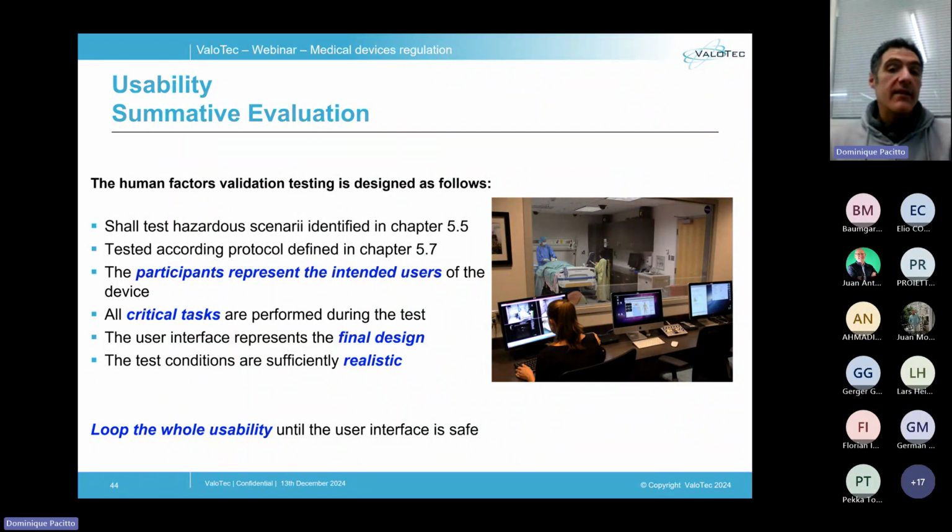If unexpected hazardous situations are identified, then same thing as for the formative evaluation: the manufacturer should update the risk analysis and the specification, modify the design, and replay the test.